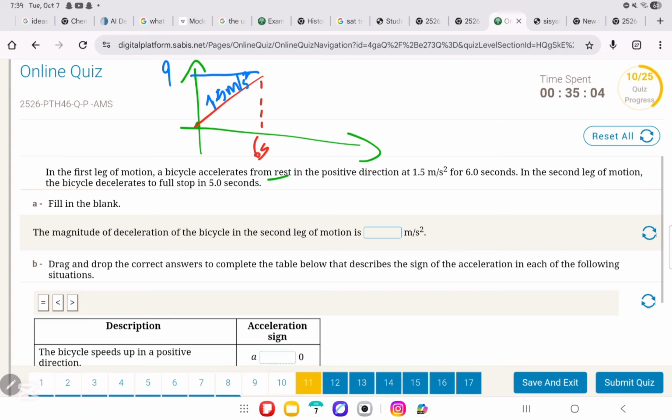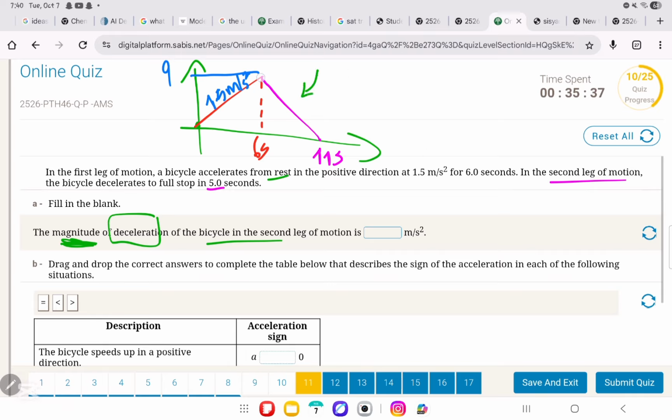Then they tell us that in the second leg of motion, it decelerates to a full stop in how many seconds? In 5 seconds. So in total, it's 11 seconds over here. But now they're asking for the magnitude, pay attention, of deceleration of the bicycle in the second leg of motion. So how do we first of all find the value of the deceleration or acceleration? We need to find the slope of this graph.